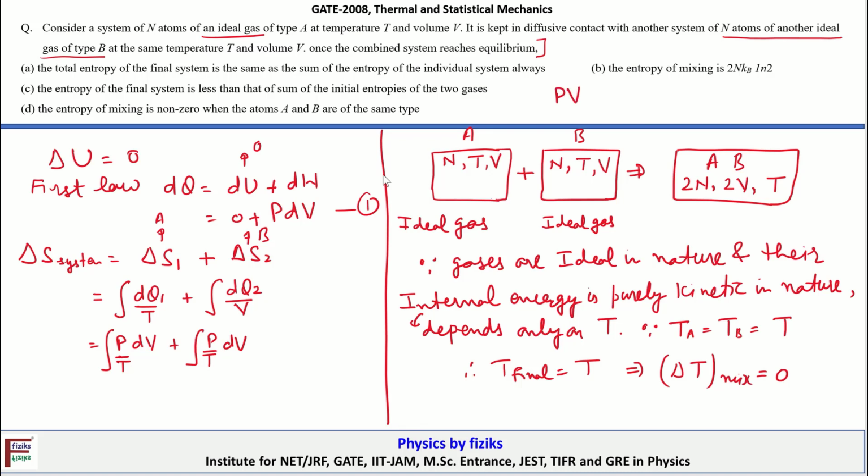By making use of the fact that PV is equal to N kB T, from here we conclude that P by T is equal to N kB upon V. So therefore the entropy change is equal to n kB dV upon V plus n kB dV upon V. Let me introduce another page here.